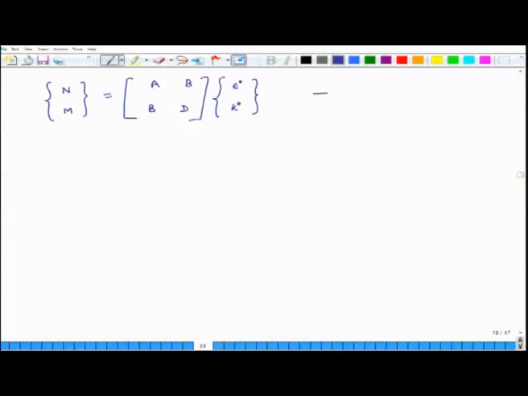So, these are 6 equations, and we will consider each matrix term individually.